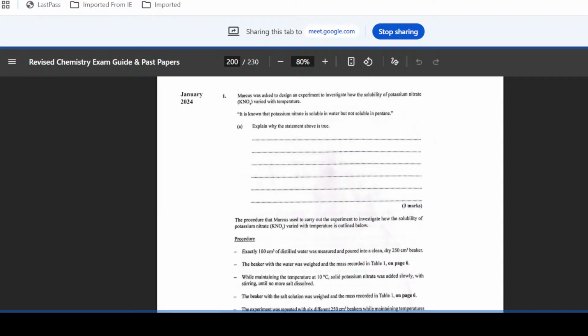So the same descriptions that you use for water and for pentane, we can use for potassium nitrate too. So what did you say about the pentane? And what did they say?